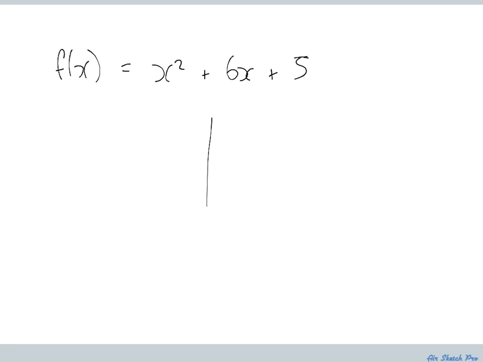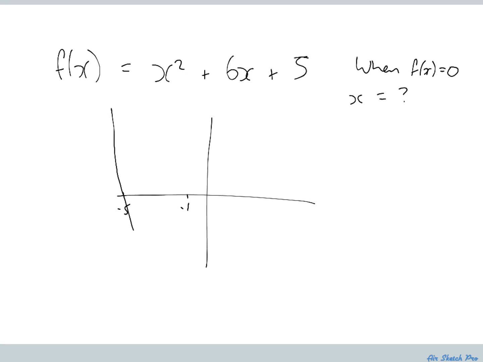And by solving for x, what we're doing is we're saying when f of x equals 0, what does x equal? And the answer was -1 and -5. That gives us an idea that our graph is going to look like that. That's a really poor representation of the graph, but you get the idea.